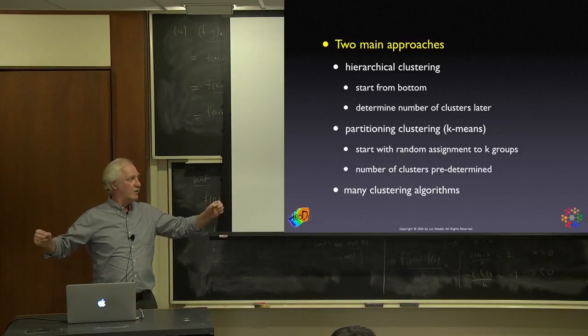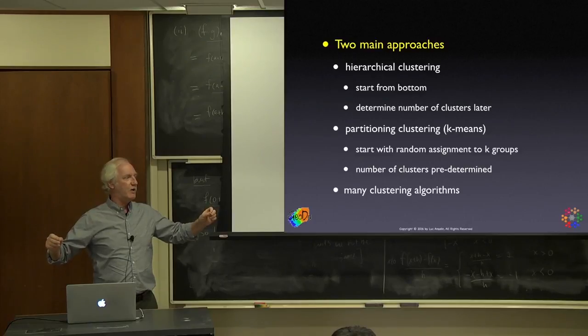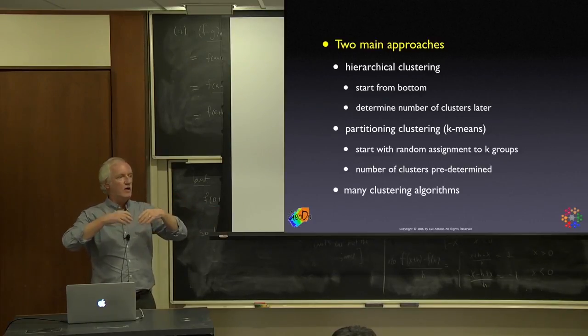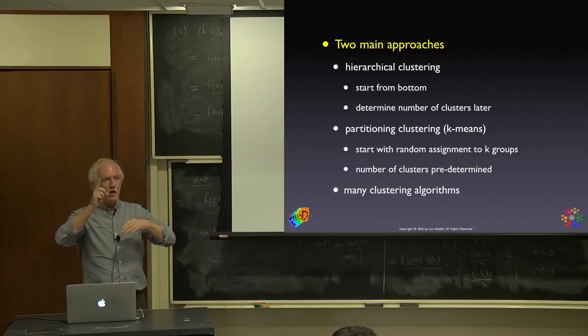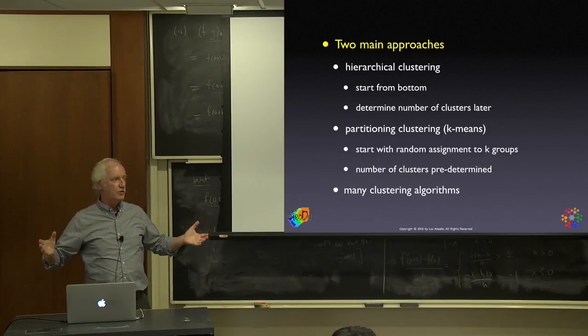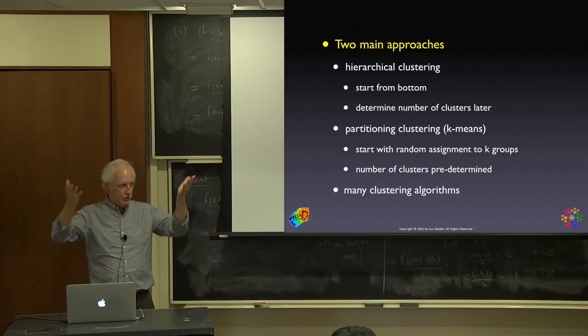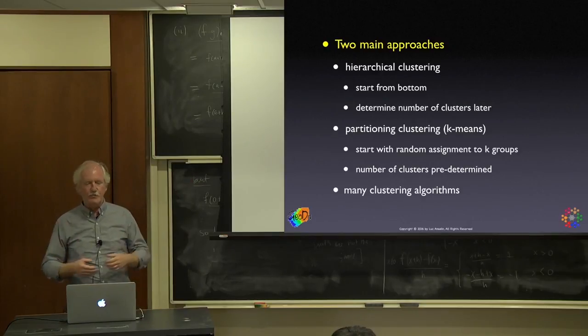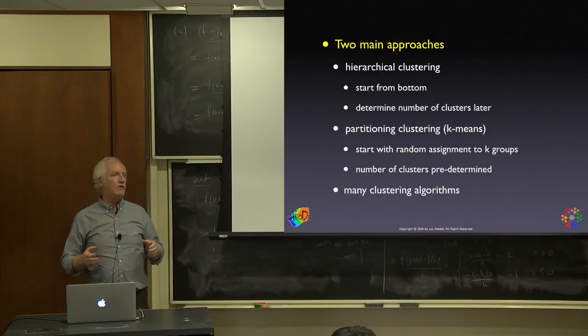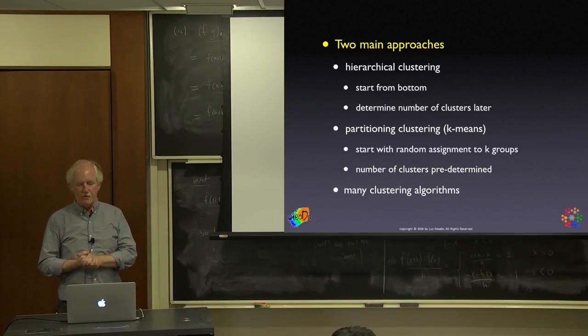And then you start putting the two together that are the most similar. And then you keep doing this until at the end, there's one cluster with all of them. So you move from the bottom to the top, and this will be visualized in a graphical tree structure.